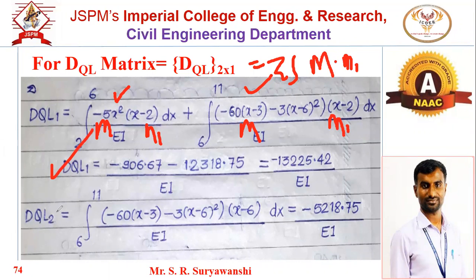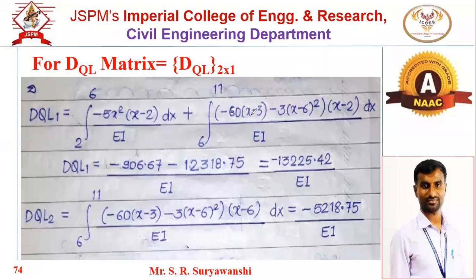Next, delta QL2. So for delta QL2, what you have to do? Summation integration of capital M into M2. And M2 for both the zones, DC and CB, is 0. So only one M2 equation we are having, that is for the BA zone. So this is M2 and this is M. There will be only one here.